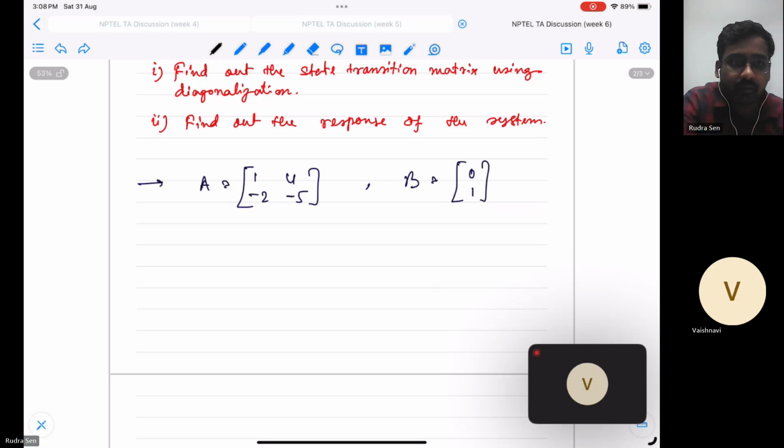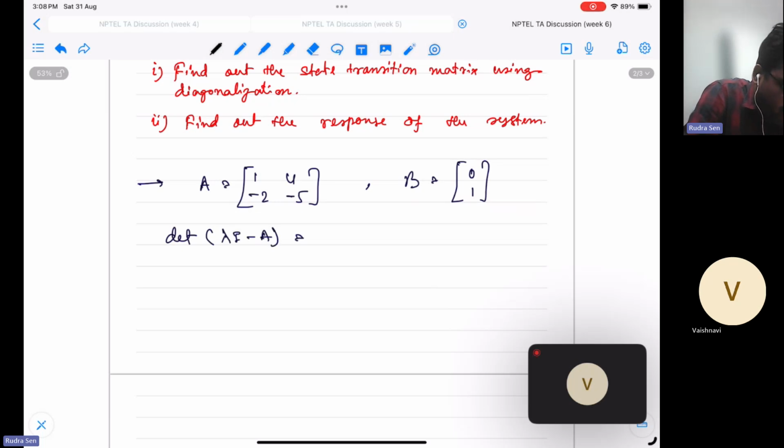The eigenvalues come from the determinant of lambda I minus A equals 0, and using this you will find that the eigenvalues are lambda 1 equals minus 1 and lambda 2 equals minus 3.